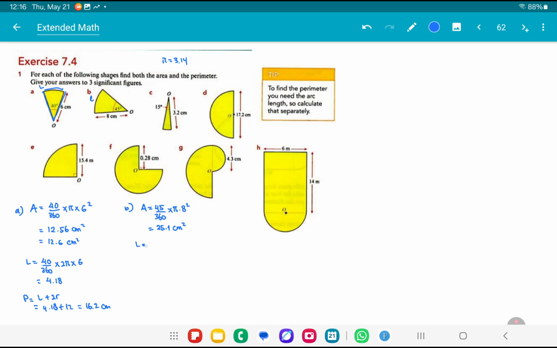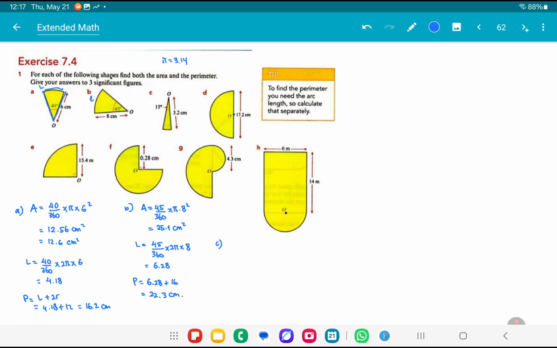And we find the length of arc, 45 over 360 multiplied by 2 pi multiplied by the radius 8, we got 6.28. So the perimeter equals 6.28 plus 2 times the radius 16, and the final answer is 22.3 centimeter in three significant figures.